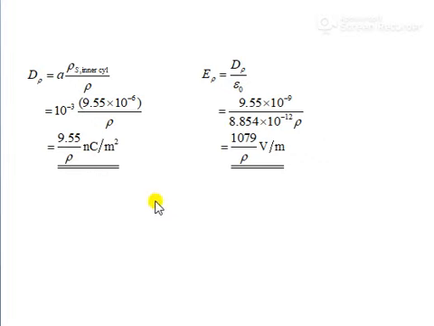So now E rho will be D rho by epsilon naught. So D rho is 9.55 into 10 raised to minus 9 over rho, and epsilon naught is 8.854 into 10 raised to minus 12. So therefore 1079 by rho volt per meter is the expression for E rho, and this is the expression for D rho.